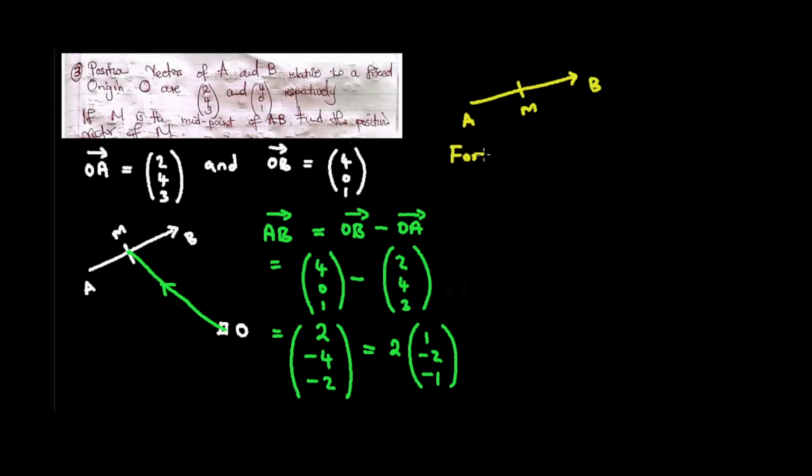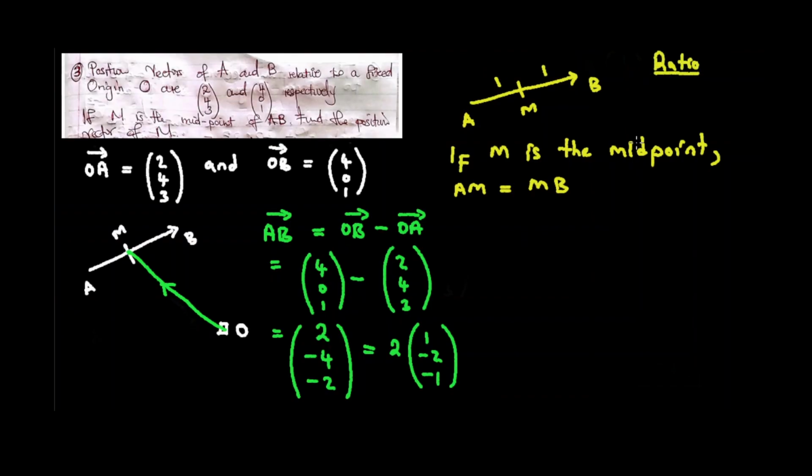So let us write this: if M is the midpoint, AM should be equal to MB. The share between AM and MB should be equal. So we can simplify this and say AM is 1, then MB is also 1. That means the ratio of sharing here, AM to MB, is going to be 1:1.